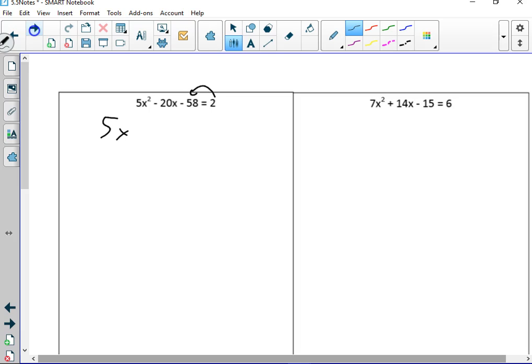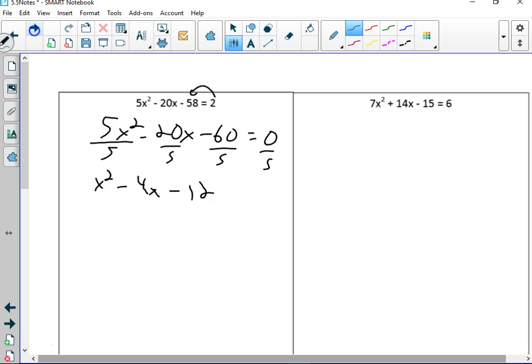That gives us 5x squared minus 20x minus 60 equals 0. What do we do now? Divide by 5. Get rid of the 5. Technically we divide by 5 here, but it doesn't do anything. So that gives us x squared minus 4x minus 12 equals 0.